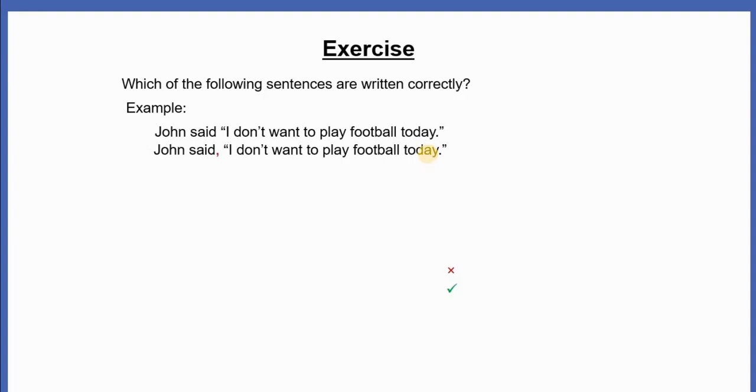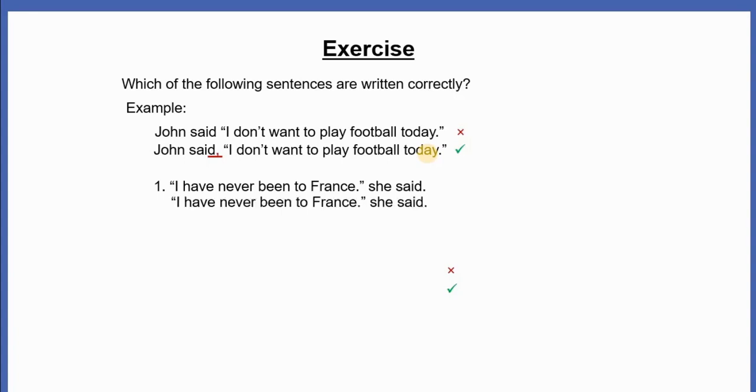And the answer is the second sentence is correct. Okay? So question 1. "I have never been to France," she said. So which sentence is correct? The answer is the second sentence is correct.